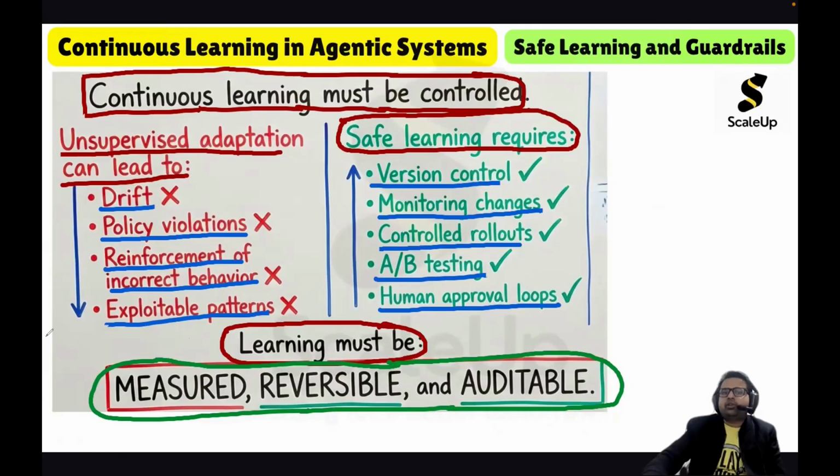Because if the learning is not safe, if it is unsupervised, then the agentic system, instead of improving its performance, may degrade, wherein it can drift away from the goal. We can see policy violations, reinforcement of incorrect behavior, or exploitable patterns.